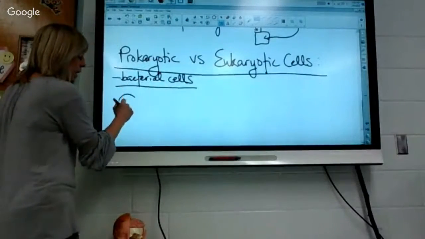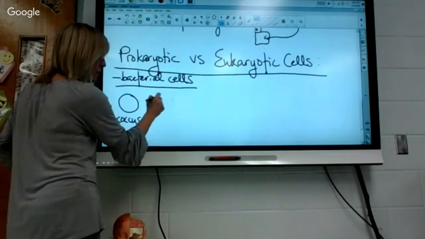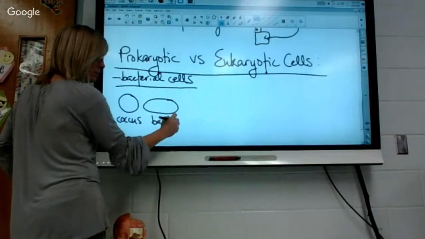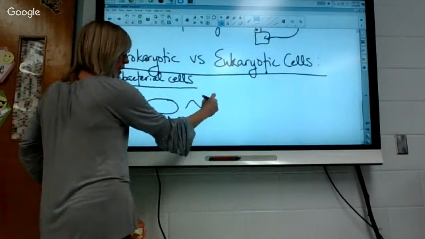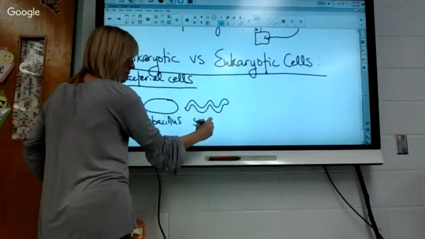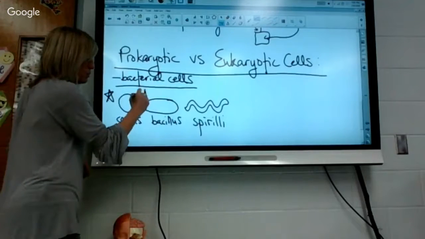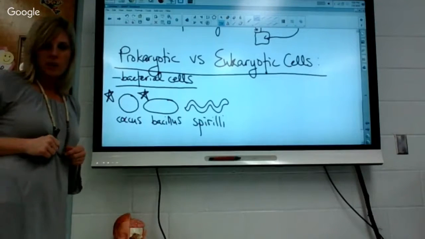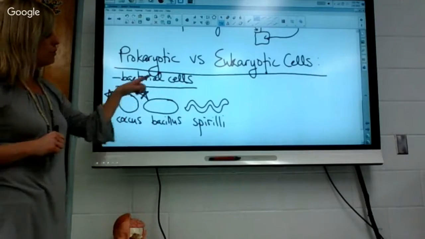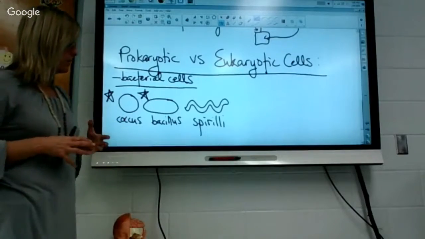They can be round, and that's a coccus bacteria. They can be oval, which is a bacillus bacteria. Or they can be spirally, which looks more spiral. Okay, today for your models, you're going to choose between those 2 shapes. You can make a circular coccus bacteria shape or an oval or a rod-shaped bacillus bacterium.